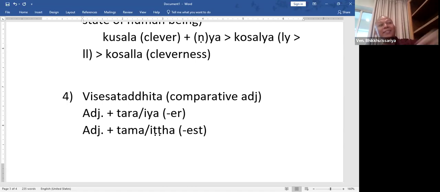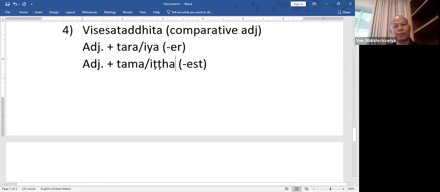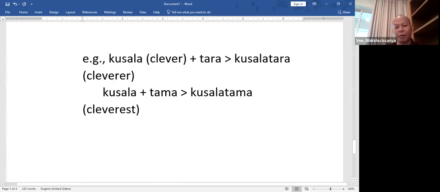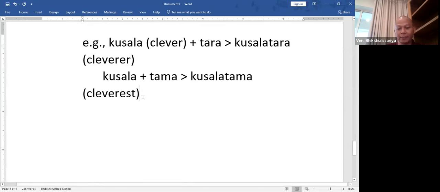That is a comparative adjective. So dara and dama we finished. Now another example for the iya and the 8th type.